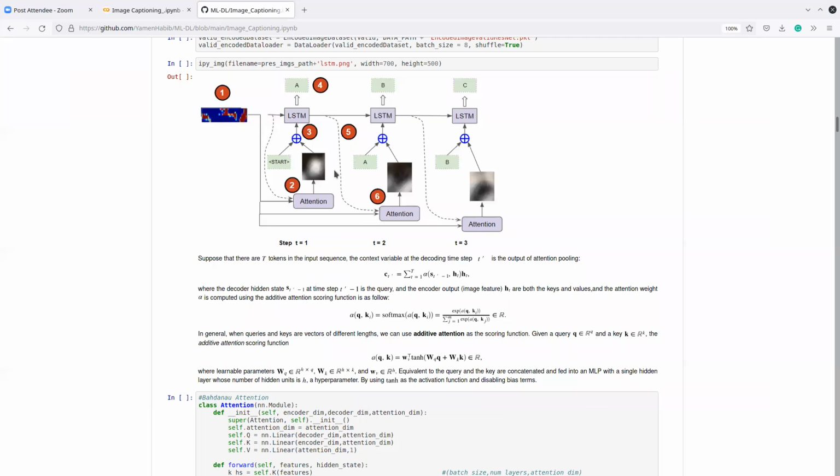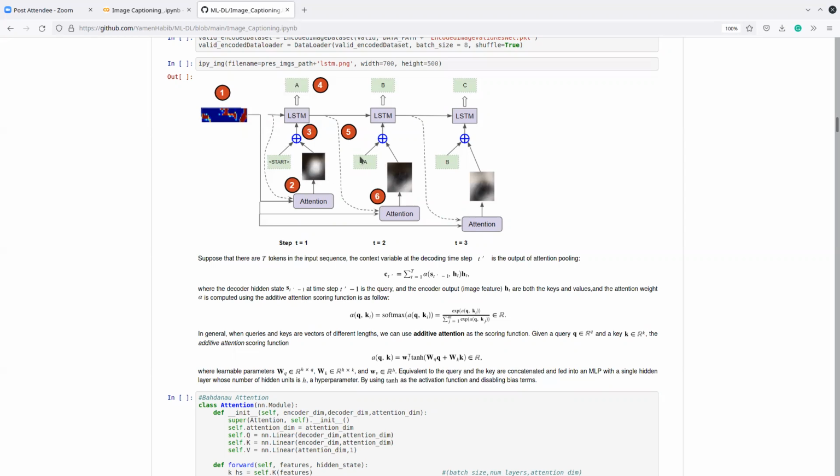Yeah. So after calculating these weights, we have a context vector, which is the sum of the weighted parts of the image. This context vector, we give it to the LSTM with the start token, and the LSTM should give us the first word.